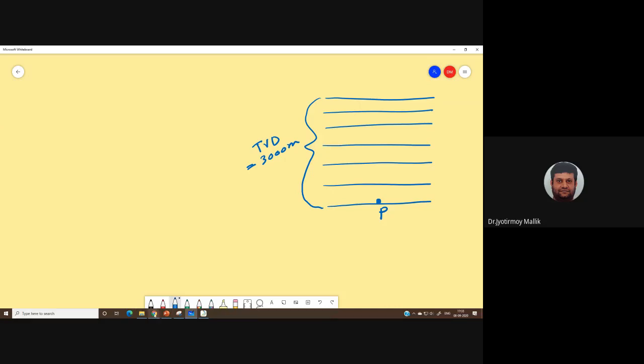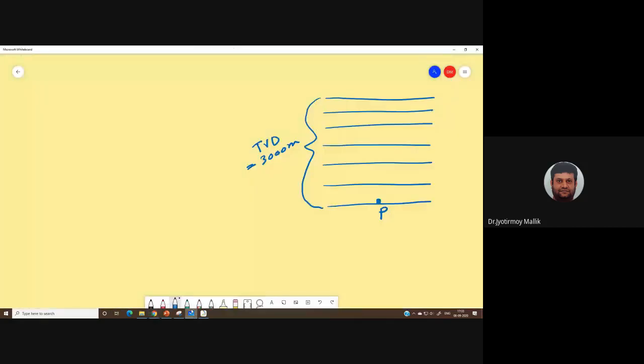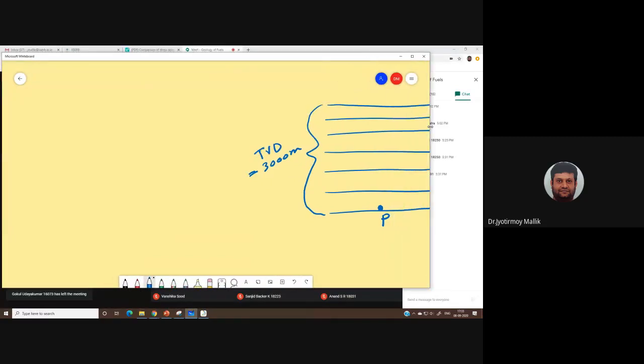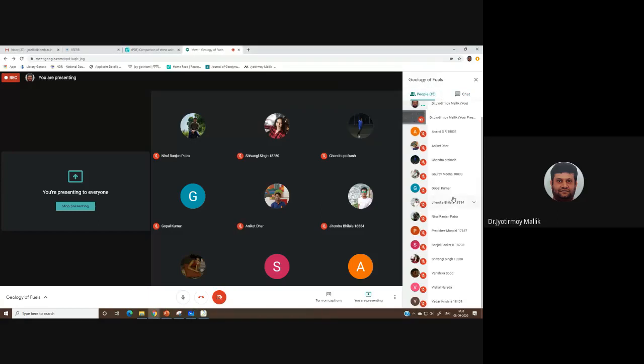So let me ask one of the third year students, from your guesses, what could be the pressures that can act on this particular point P? Anyone?